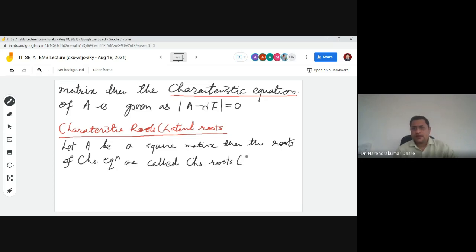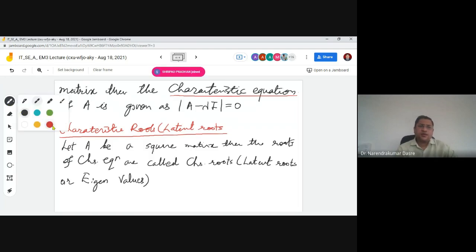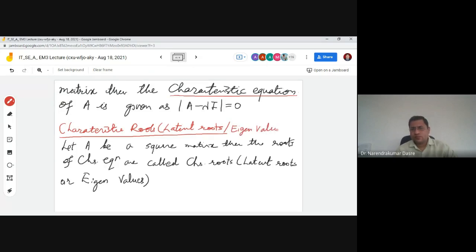Also, they are called latent roots, and with the more popular name, they are called eigenvalues. So these roots are the eigenvalues.